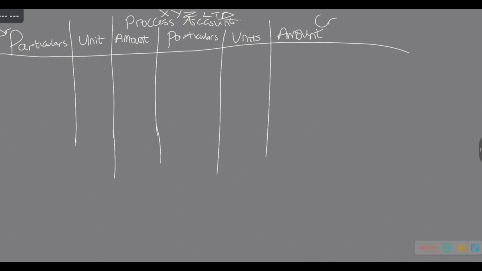Okay, so right from the notes we said items going into the process are debited and items going out of the process are credited. Items on the debit side are always given in the question. So from the question we see that input of raw material of 1000 units at 20 naira per unit is going into the process.